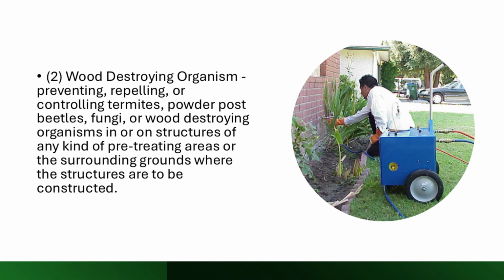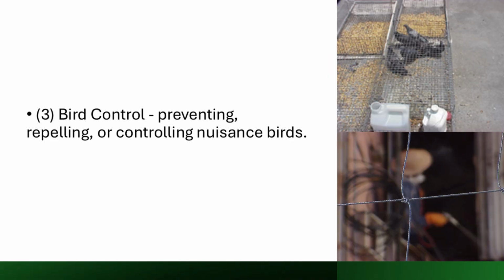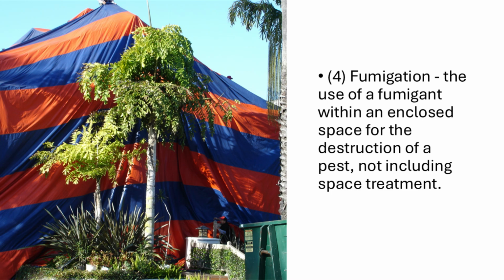2. Wood-destroying organism, preventing, repelling, or controlling termites, powder post beetles, fungi, or wood-destroying organisms in or on structures of any kind, or pre-treating areas or the surrounding grounds where the structures are to be constructed. 3. Bird control, preventing, repelling, or controlling nuisance birds. 4.